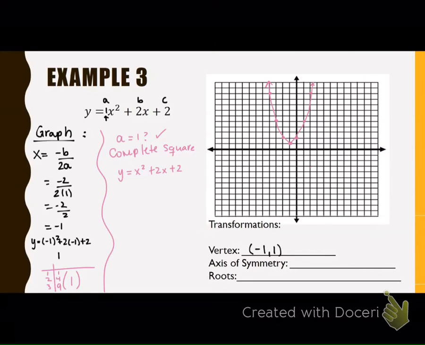So what is the first step in completing the square, Clover? Switching from standard form to vertex form. Subtract that c value of 2. What do I do now?